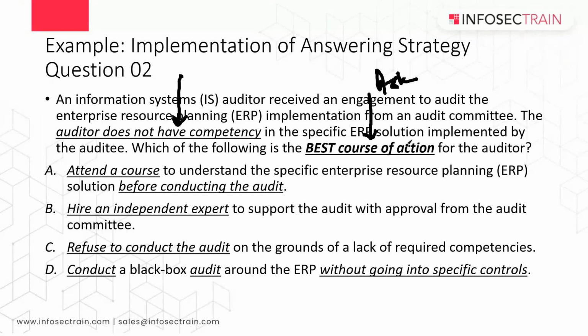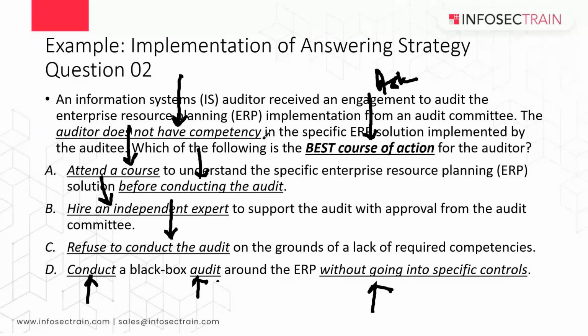If you focus on these two, you will be able to identify the right answer. So option A, the keyword is attend a course before conducting the audit. Option B is hire an independent expert. Option C is about refuse to conduct the audit. Option D is about conduct audit without going into specific controls.